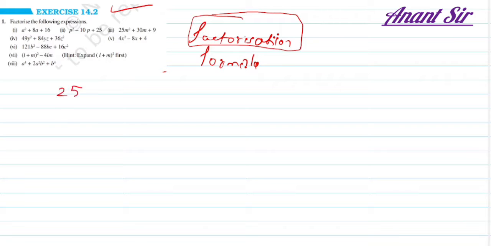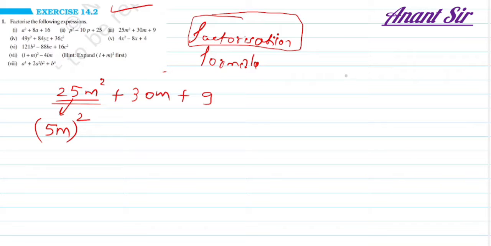25m square plus 30m plus 9. If we have to use the formula, can we use it? We have to check whether the first term is a square of any number. Yes, 25m square you can write as 5m whole square, right?